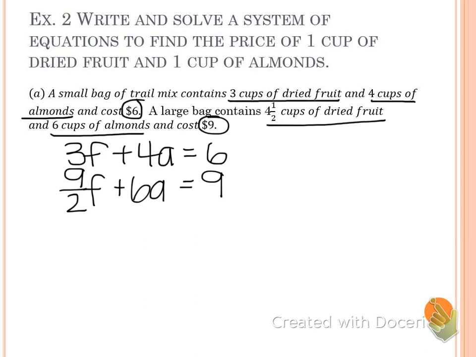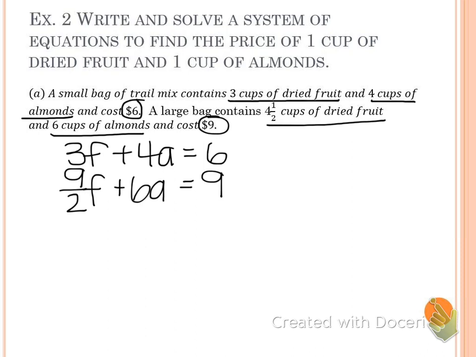This problem has a fraction in it. So do you really want to get into this whole substitution thing where you're having to multiply by a fraction? Or would it not be better because everything's lined up? Would elimination not be a little bit quicker and a little bit better? Now again, if you guys did substitution, that's totally fine. It's not wrong. But if you're trying to find the best method, then elimination would have been the better method here.